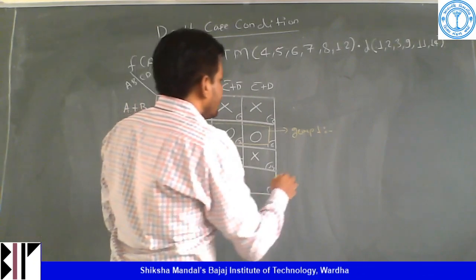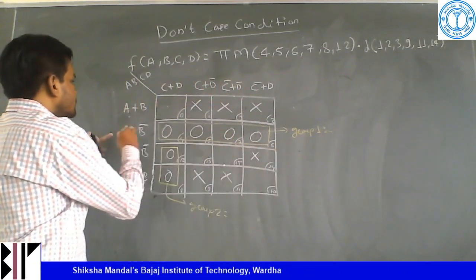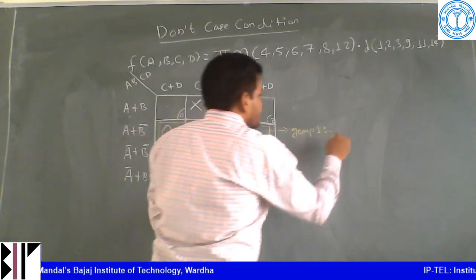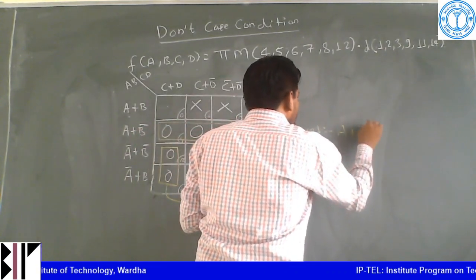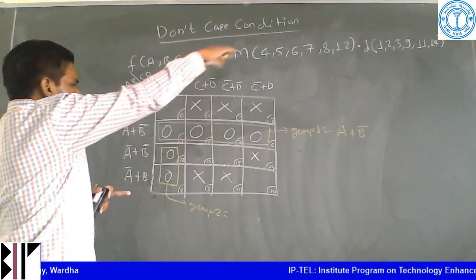Now I will write the equation for these groups. For this side, A plus B bar. On the top side everything is cancelled.